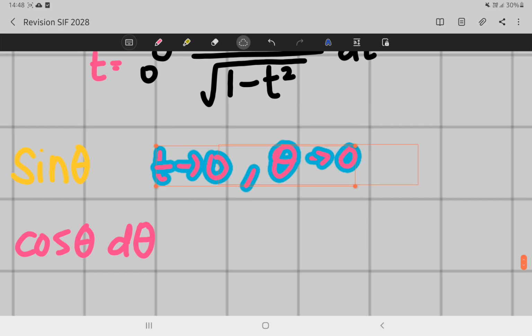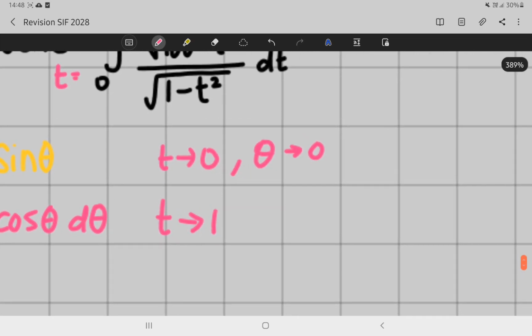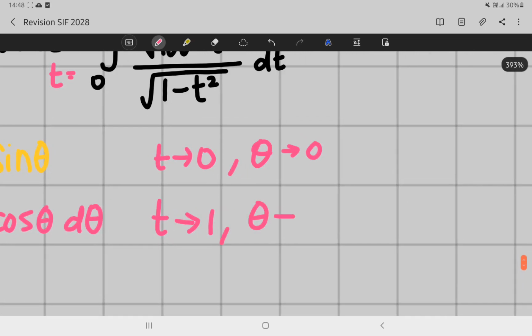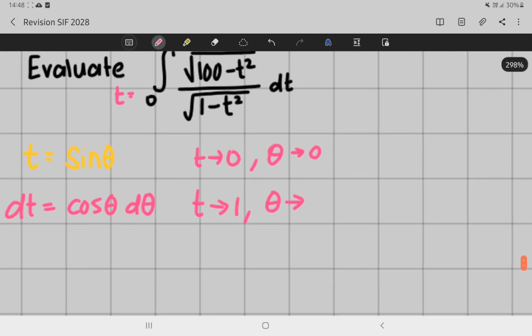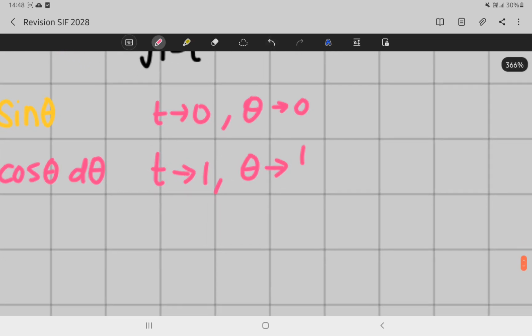Fair enough. And if t goes to 1, the upper limit, theta will go to... so let's see, sine theta equals 1. What is the value of theta that satisfies this? Pi over 2. Yep, pi over 2.